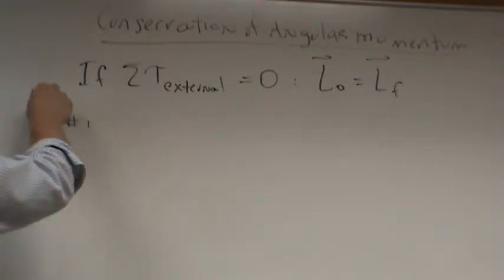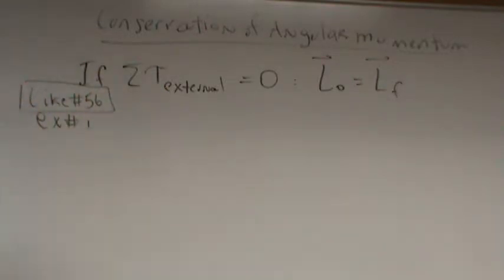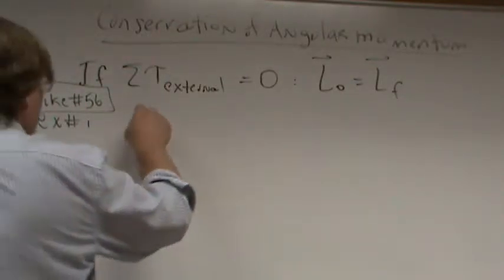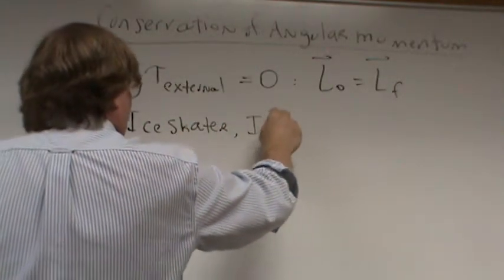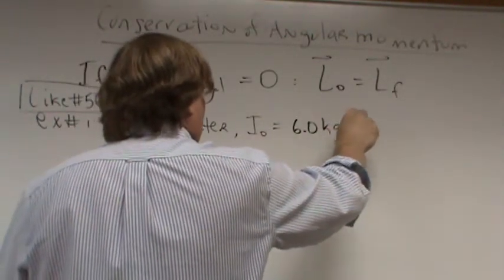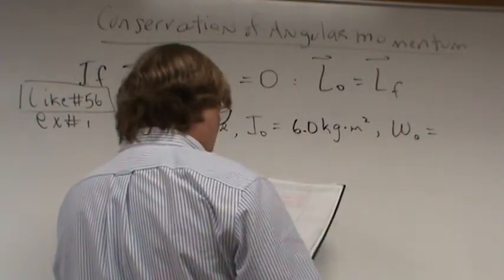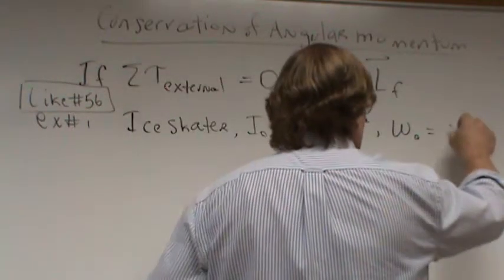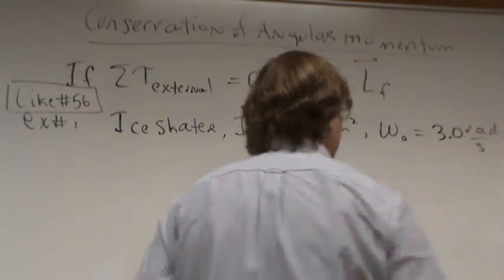Here's example number 1, and this is actually like problem number 56 of tonight's homework. Here comes example number 1, and let me get my sheet here. Okay. We've got an ice skater whose initial rotational inertia is 6.0 kilogram meters squared, and whose initial angular velocity is, let me see, let's say it's 3.0 radians per second.